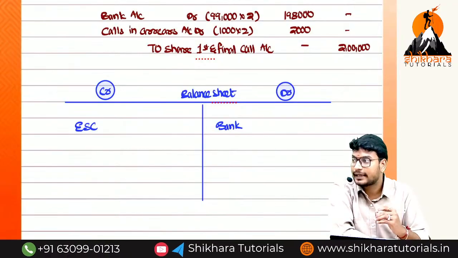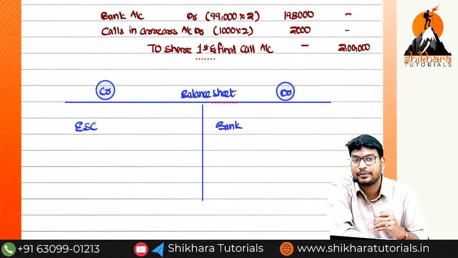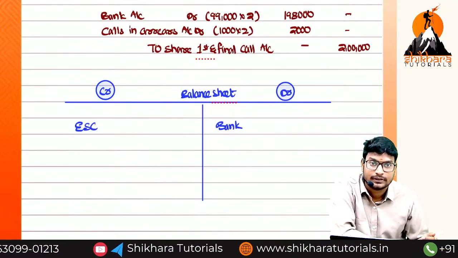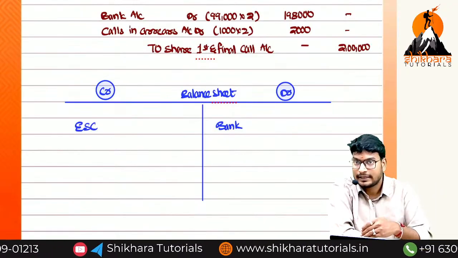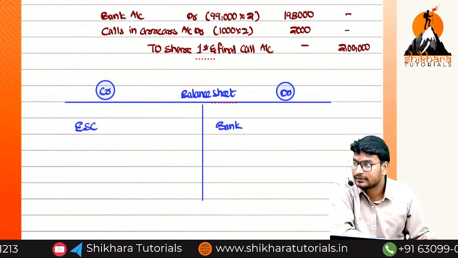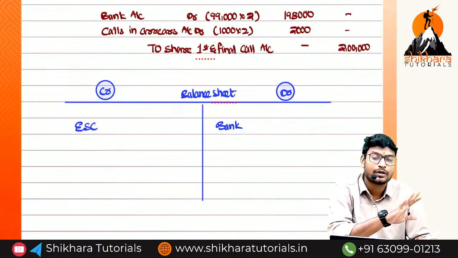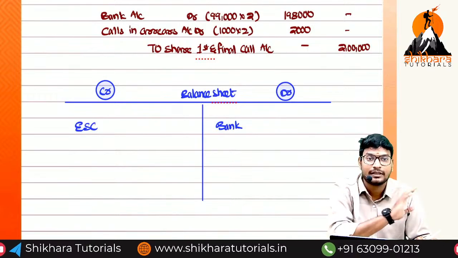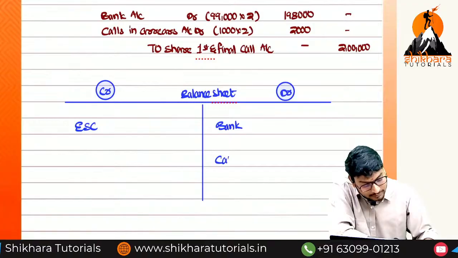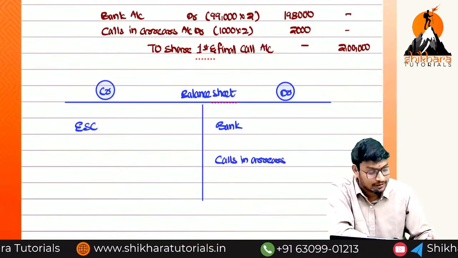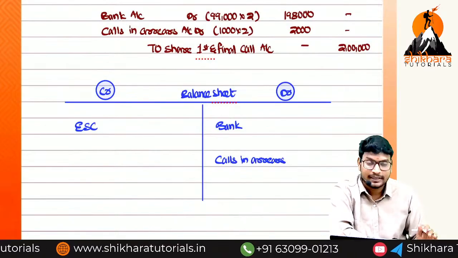Reduced from the capital. Instead of reducing from the capital, can I disclose it on the asset side? It is accepted also. For your understanding, I am disclosing it. Normally you have to reduce from the share capital. Till now, we are only having these 3 accounts.